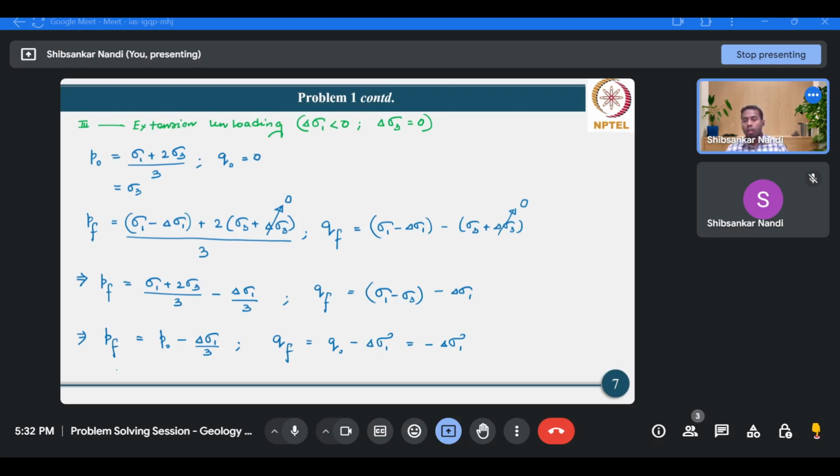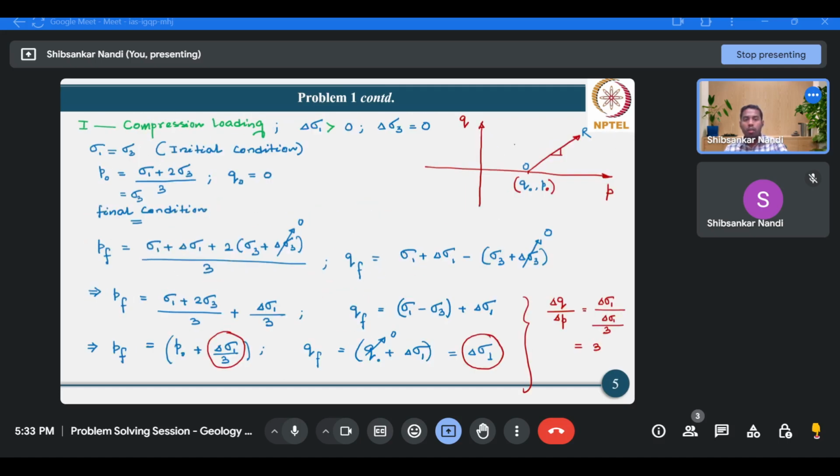If we try to plot the stress path for this loading condition, it starts from O, and both Q and P will be decreasing. So this will be the frame for the stress path, and this will be the stress path.